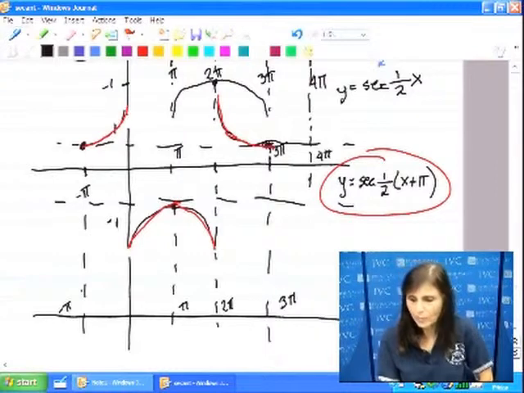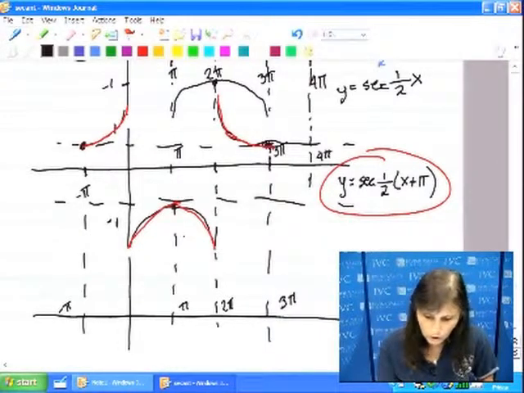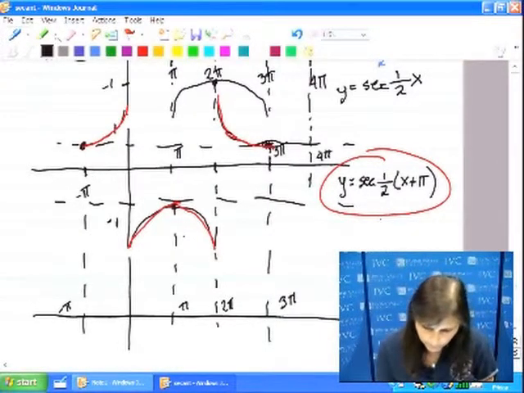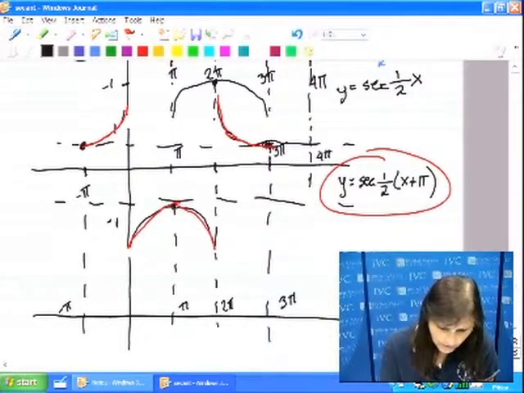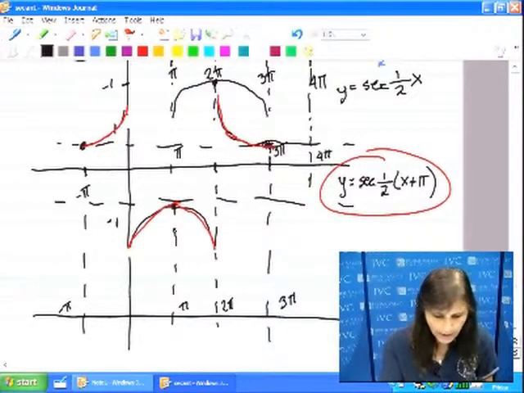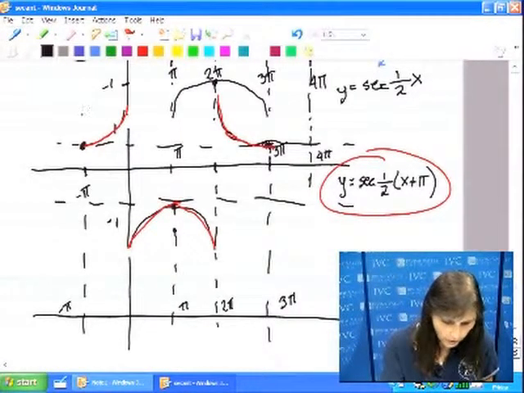When you multiply this by 2, this -1 is going to go down to -2, and this is going to go up to 2.